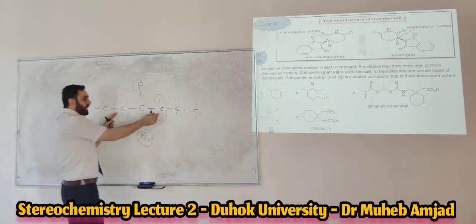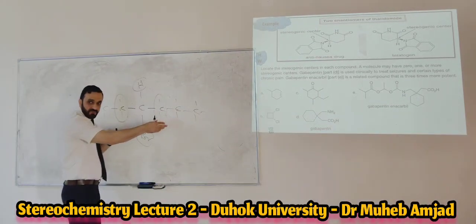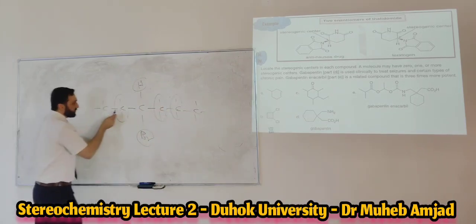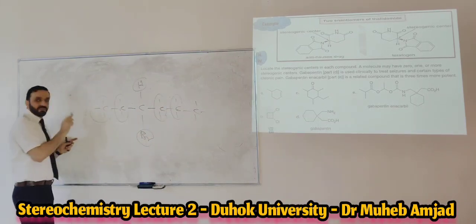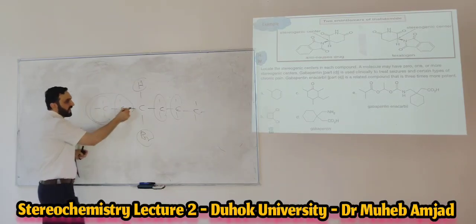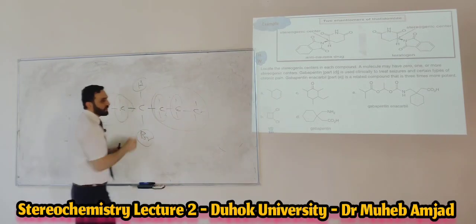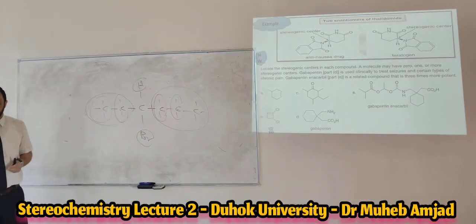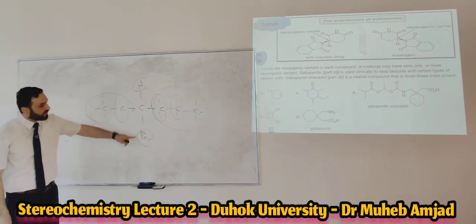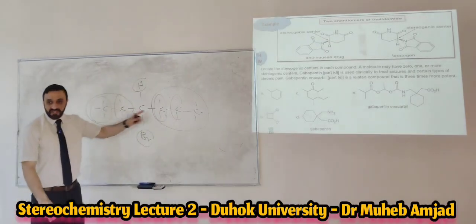If CH2 is the same as CH2, go to the next atom. Now, CH2 is bonded to what? To CH2. Here, CH2 is bonded to what? CH3. That means we are different here, at this point. So this is group number 1 and this is group number 2, and they are not the same.